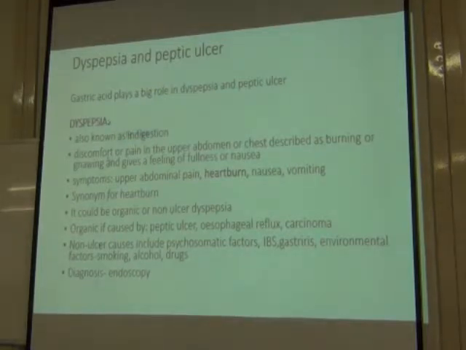So this gastric acid, as it is very useful in digestion, can also have a negative impact on the body. When we talk about diseases that affect the digestive system, gastric acid or juices play a very important role in those conditions, particularly dyspepsia, peptic ulcer, and gastroesophageal reflux disease.